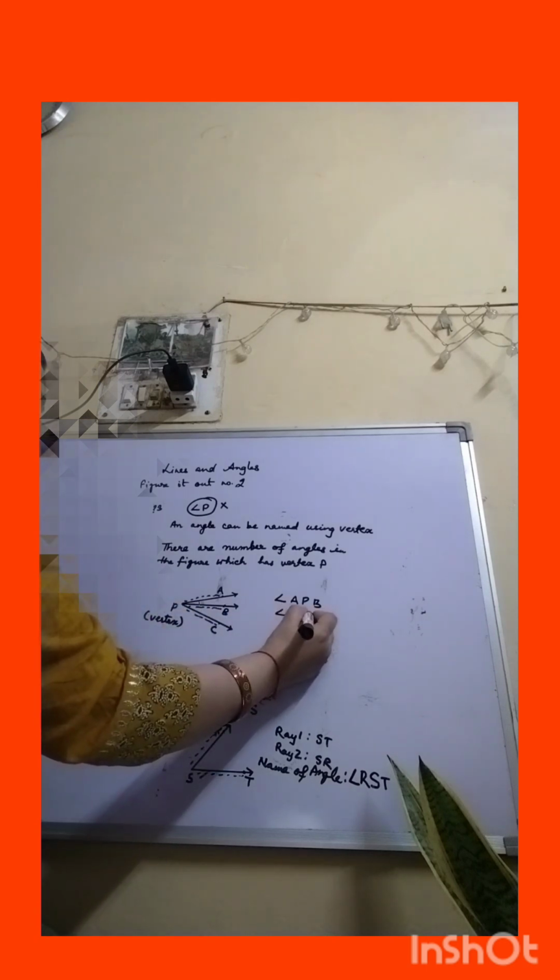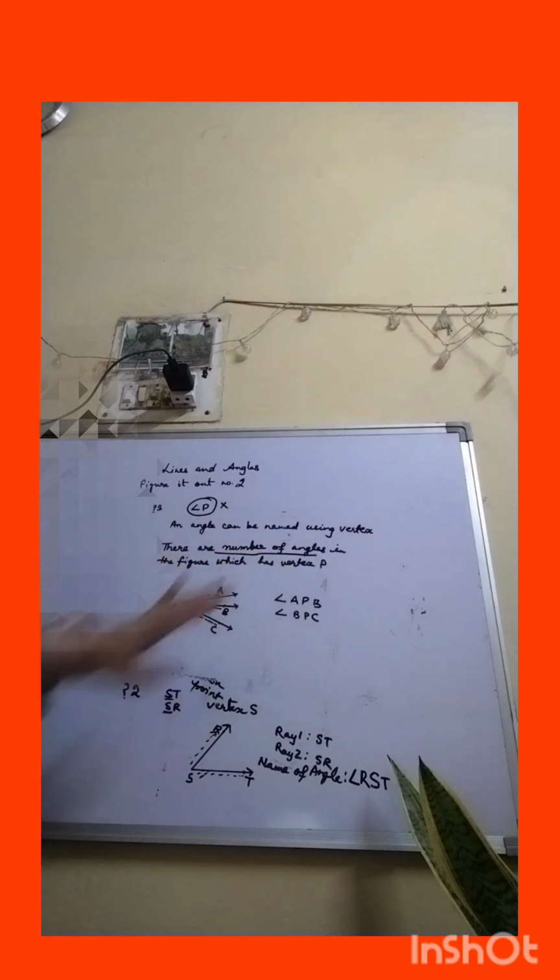Then the second can be PB ray and PC ray. So it would be BPC. So there are a number of angles in the figure which has vertex P. So it cannot be written as angle P.